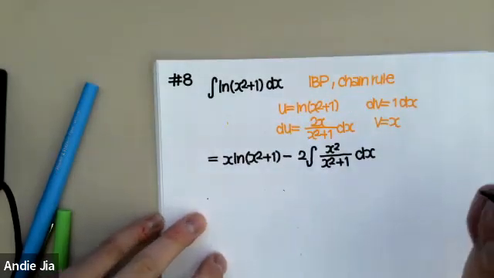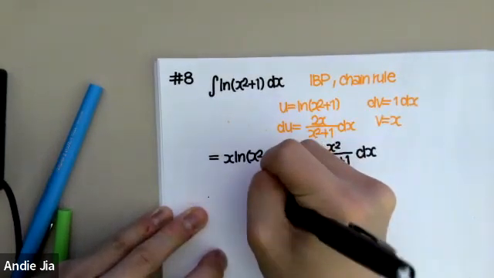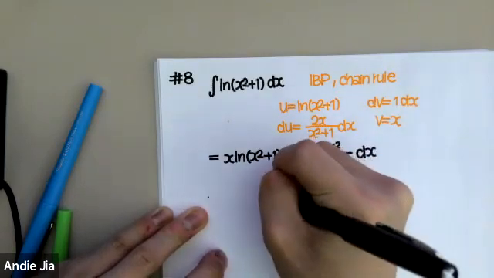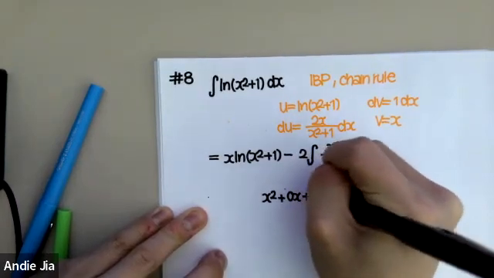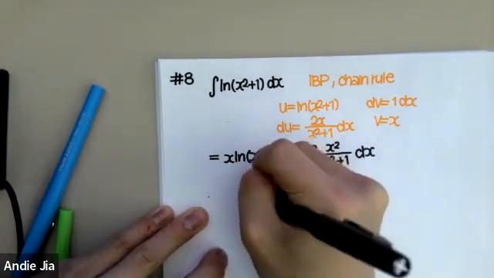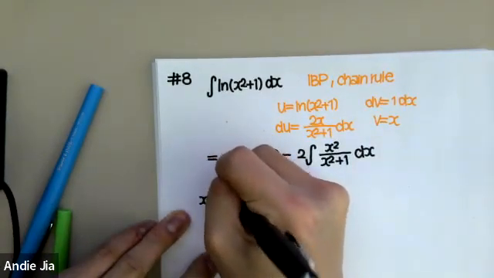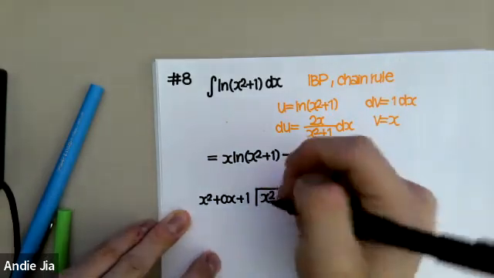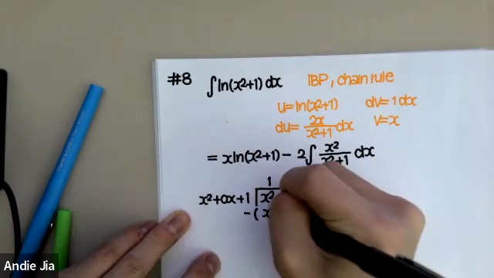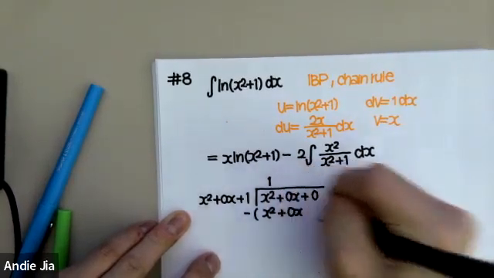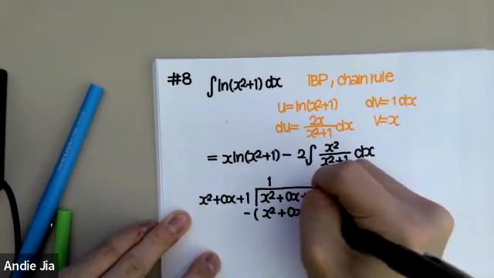I'll do long division for you. x squared divided by x squared plus 1, minus x squared plus 0x minus 1, plus 1.